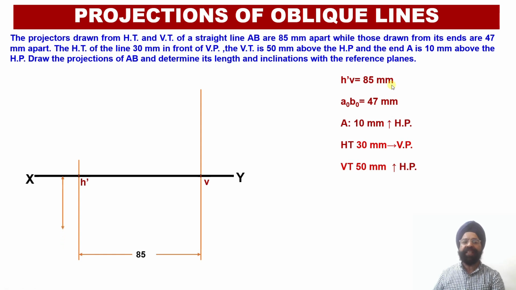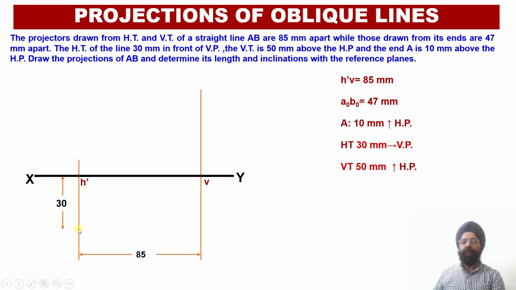Now the next thing is, we have been provided with the information regarding the horizontal trace of the line. The horizontal trace of the line lies 30 millimeter in front of the vertical plane. In front of the vertical plane means it will be drawn below the XY reference line. Now I am going to measure this distance of 30 millimeter. H dash point I had drawn over here.